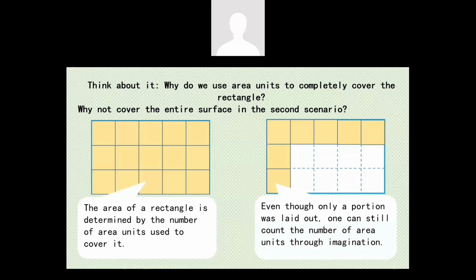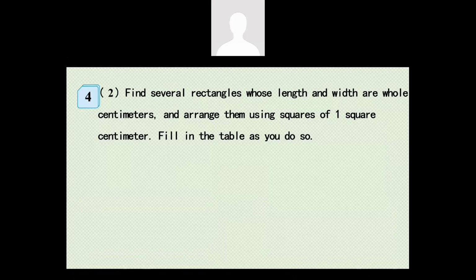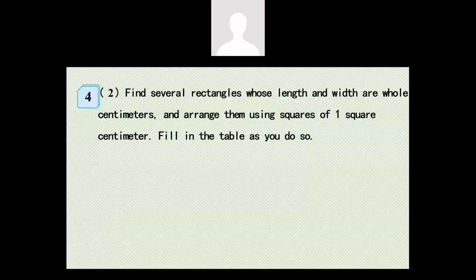If we know squares per row and the number of rows, we can calculate the total. Yes, exactly. As long as you can use the row to infer the total number of unit squares, you can find the area even if you don't physically draw every square.